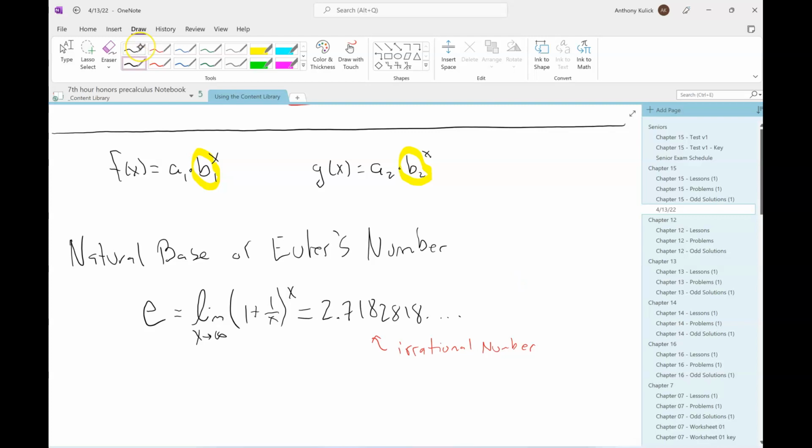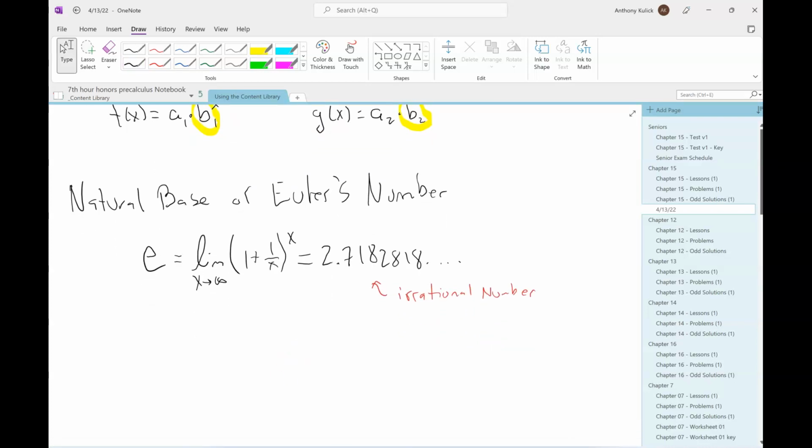So that's an irrational number. What does irrational mean again? Doesn't end and doesn't repeat. Or equivalently, you can't write it as a fraction. Those two statements are equivalent.